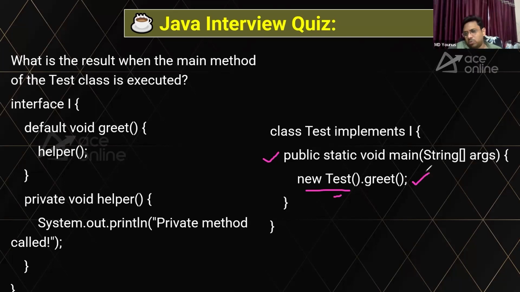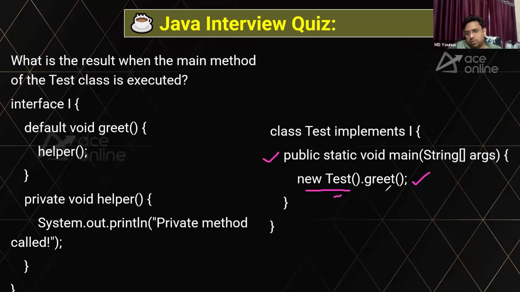This looks perfectly okay. I cannot say new I.greet. This is wrong, because I cannot make an object of an interface. So this is not allowed.